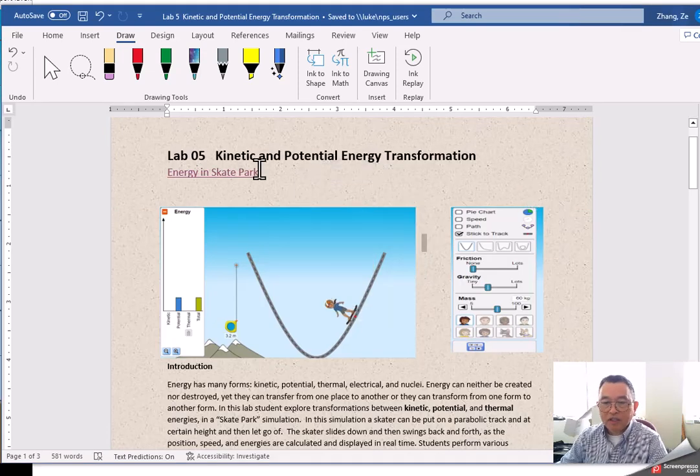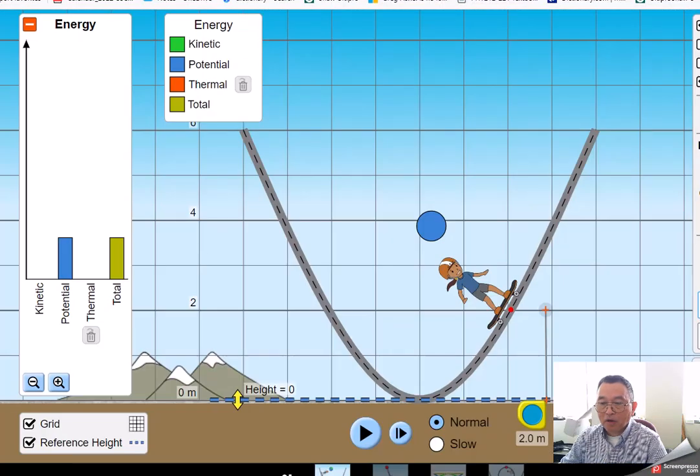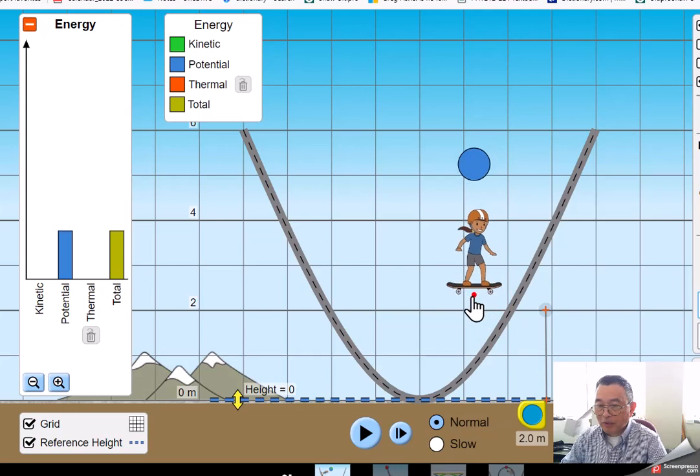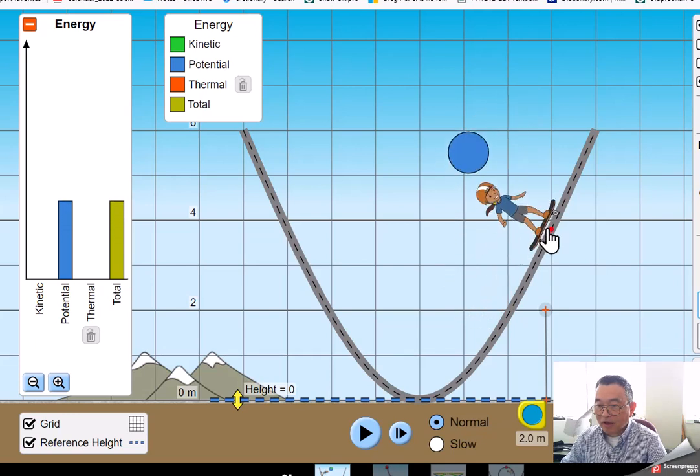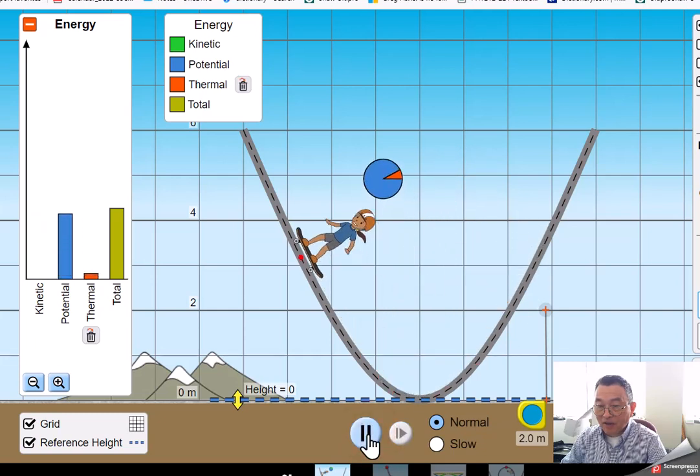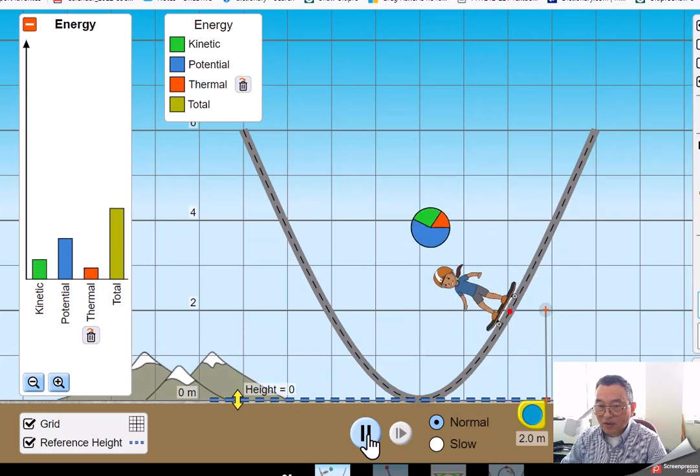Now, if you click this link, it will take you to this website here. We actually do two experiments. First, you play with it. You can put a skater here at a certain height, and you let go, and it will slide down, and so on.